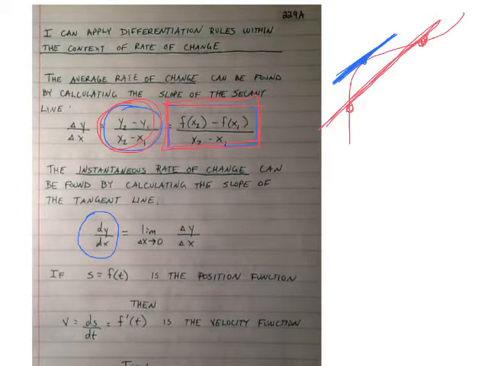What we're really doing is taking the limit as our delta x, or our change in x, approaches 0. So we're taking these 2 points and they're getting closer and closer together until the change between them is a distance of 0. That's the instantaneous rate of change.